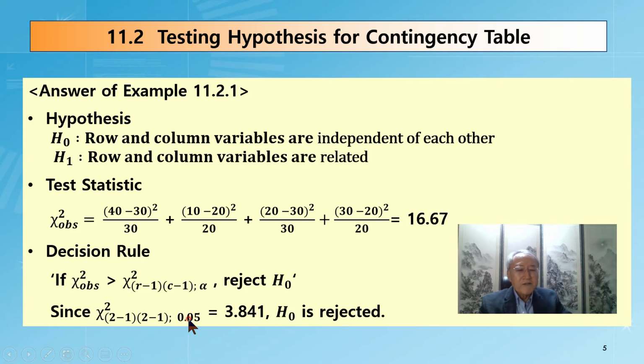The right tail 5 percentile is 3.841. If the statistic is greater than this value, we have to reject. In our case, the test statistic was 16.67. It is greater than 3.841, therefore it is rejected.